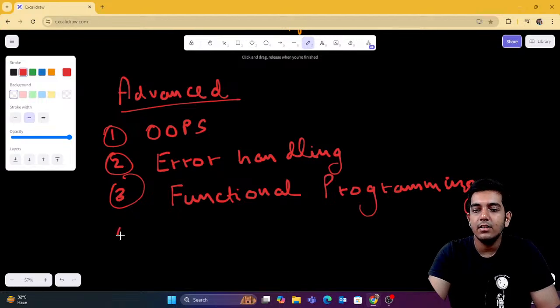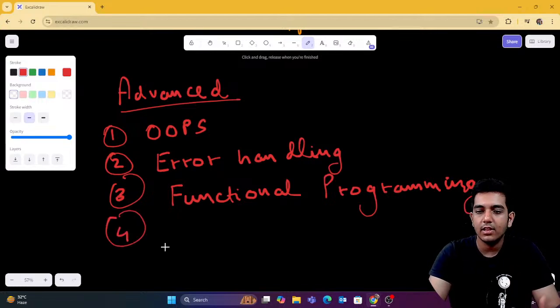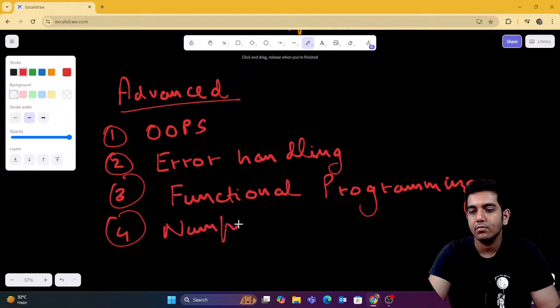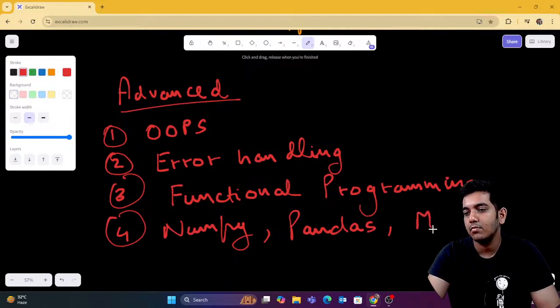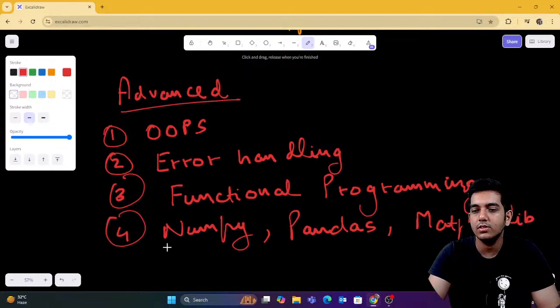Then guys, you're going to learn about working with libraries like NumPy, which are really useful for machine learning. NumPy, pandas, and matplotlib, and one more thing which is Seaborn.